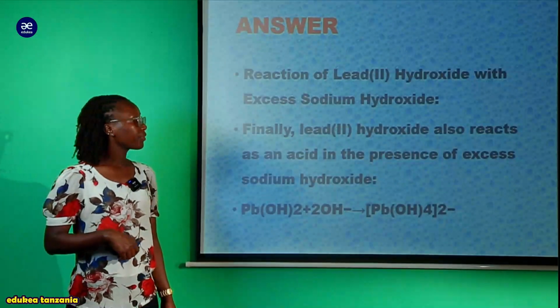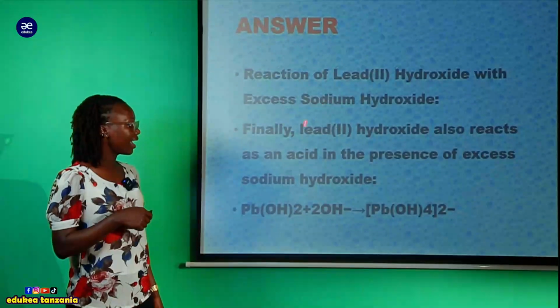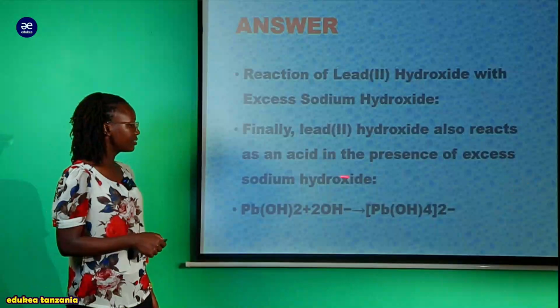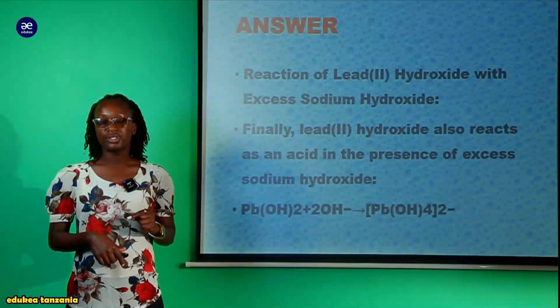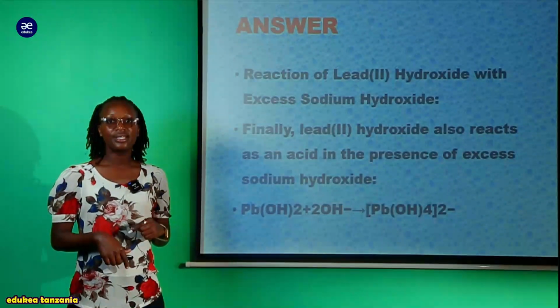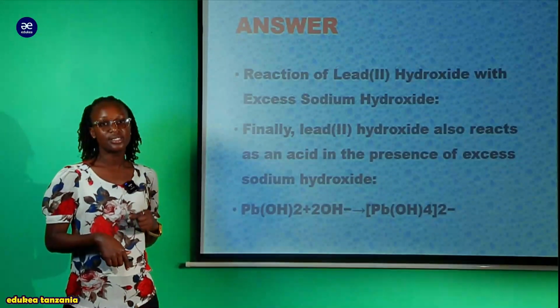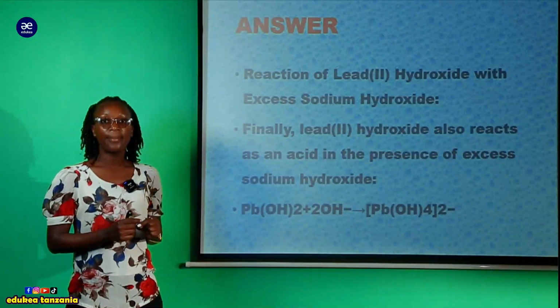So here the lead hydroxide also reacts as an acid in the presence of excess sodium hydroxide solution, whereas in dilute nitric acid we saw it act as a base.